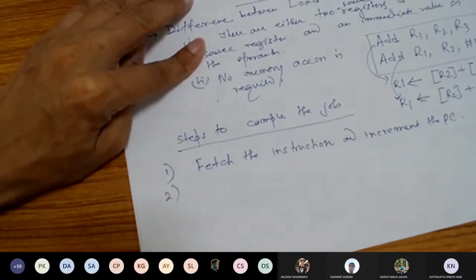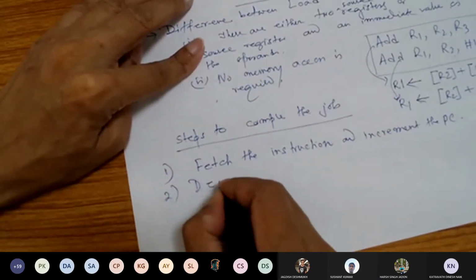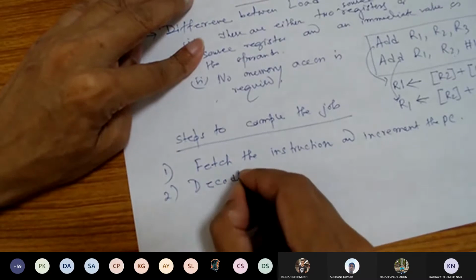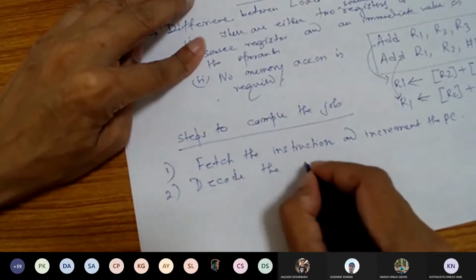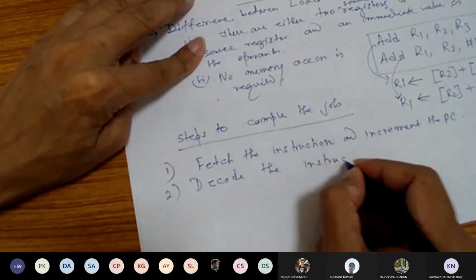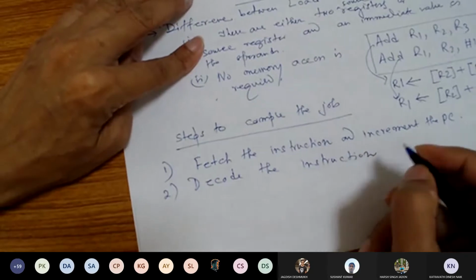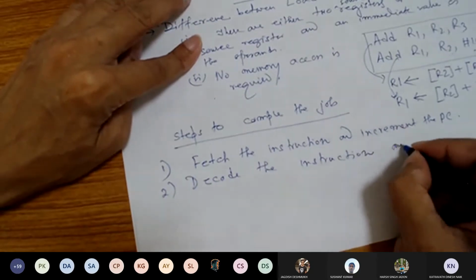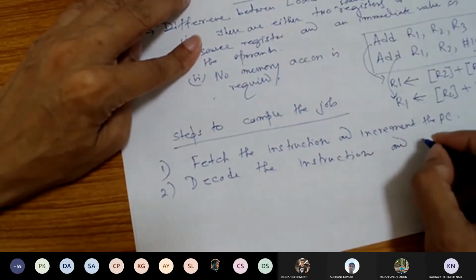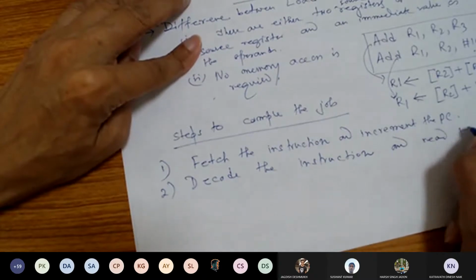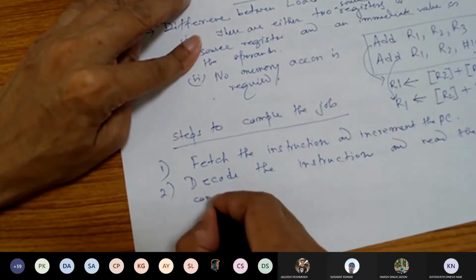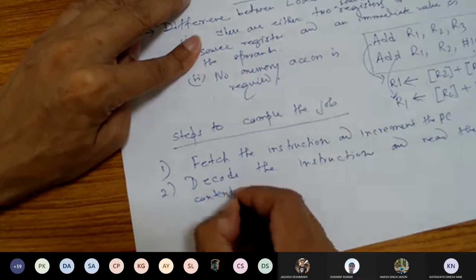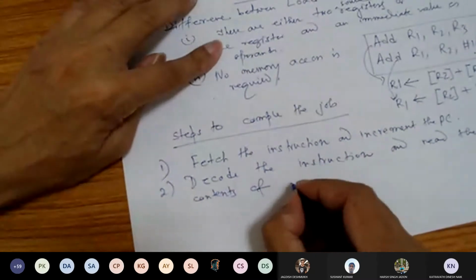Second stage, decode the instruction and read the content of the source registers.